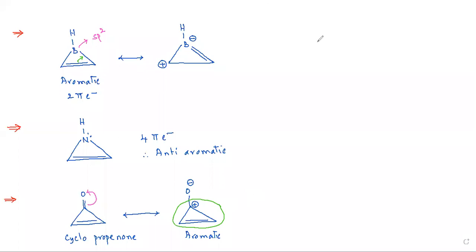And remember, because it has got 2 different charges, let us also say that it will have high dipole moment. Even this also is an important factor which is generally pronounced in case of aromatic things. Next.